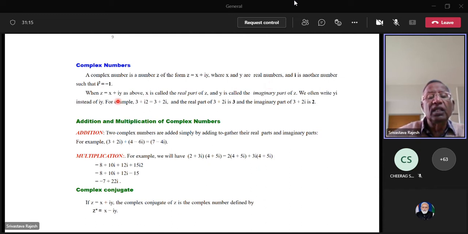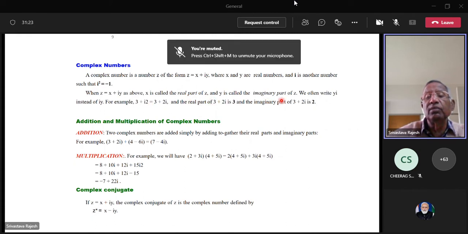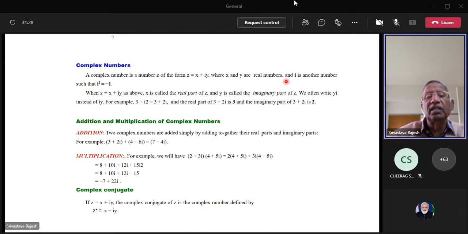So when z is equal to x plus iy as above, x is called the real part of z and y is called the imaginary part of z. So if I want to find the real part of z, then x will be extracted, AIMAG, then y will be extracted. And you cannot equate a real quantity to a complex quantity. This mixing is not allowed. While for the calculation, real and complex quantities can be mixed, you cannot equate a complex quantity to something real.